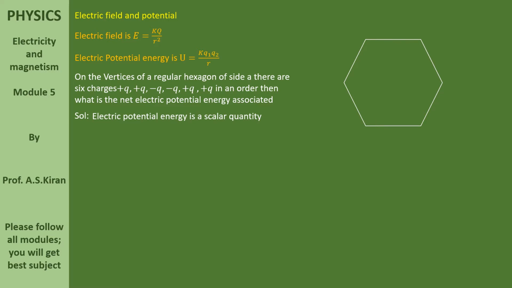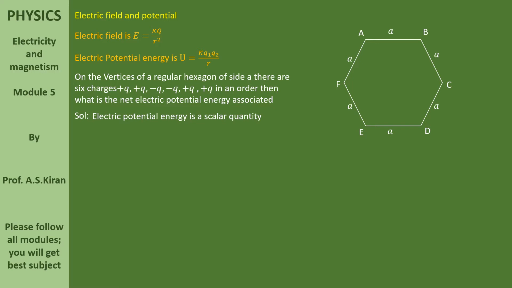In the earlier classes, the general geometry of 9th class or 10th class, you might be knowing the values of this regular hexagon of side A. Please observe the diagram. What are the vertices here? Capital A, capital B, capital C, capital D, capital E, capital F.